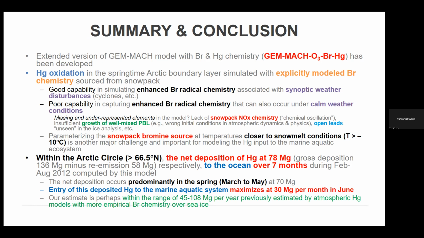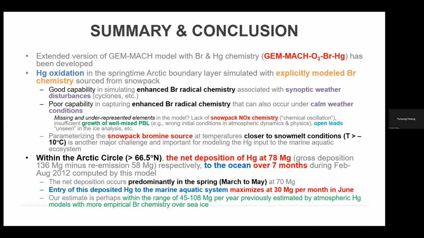And so maybe the cause of this problem is associated with the lack of consideration for the NOx chemistry, which can actually recover the ozone concentration after ozone is destroyed totally. That aspect is totally ignored right now in our parameterization.